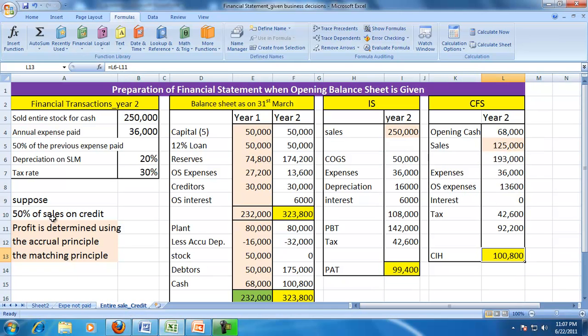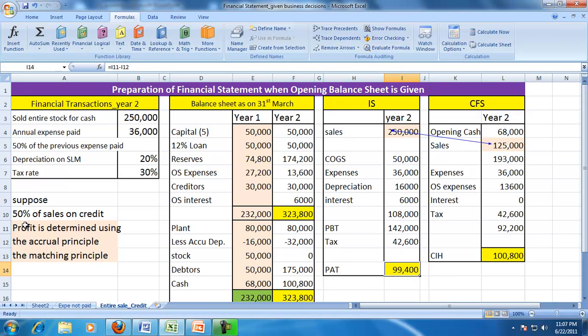Now let us go to another option. We say that suppose 50% of the sales are on credit. So we sold 250,000. So sales is 250,000 in the income statement, but the cash received from the sales is 50% of that. As a result, cash in hand falls, but the profit is same as 99,400.